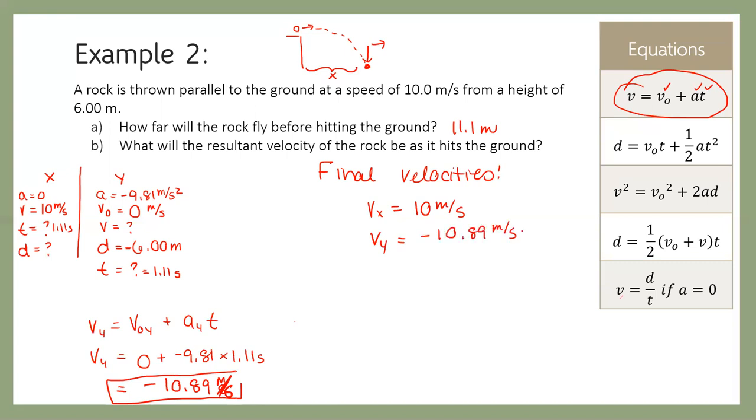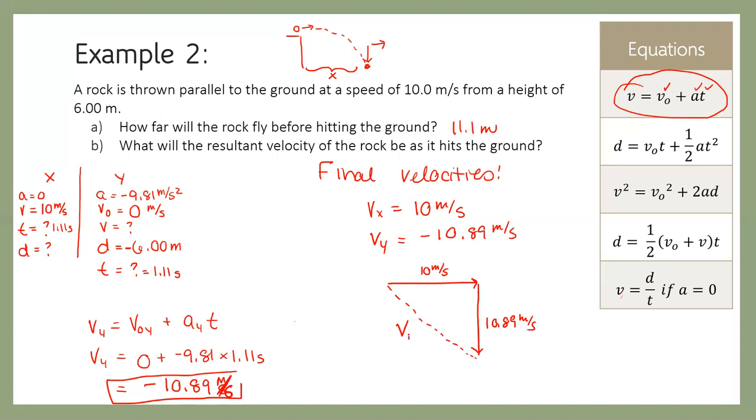meters per second. Now to find a resultant, remember back from first semester, draw your x. So we're going to go 10 meters per second positive. We're going to go down 10.89 meters per second. And the resultant, this is the velocity that you actually feel if you were to catch or get hit by this.